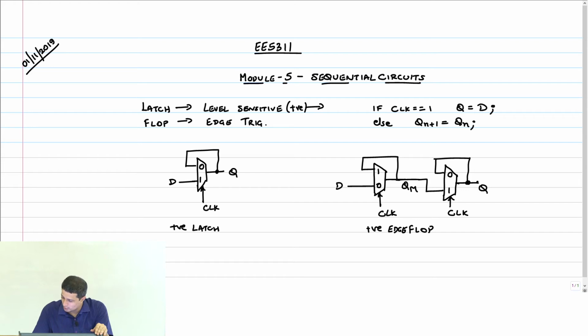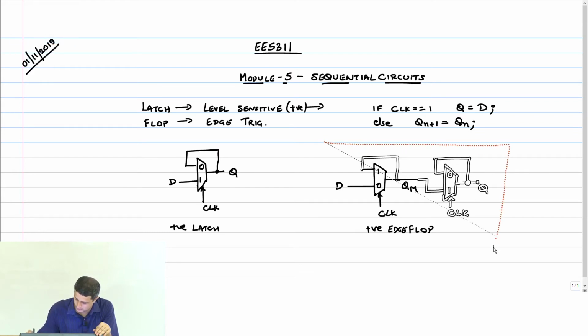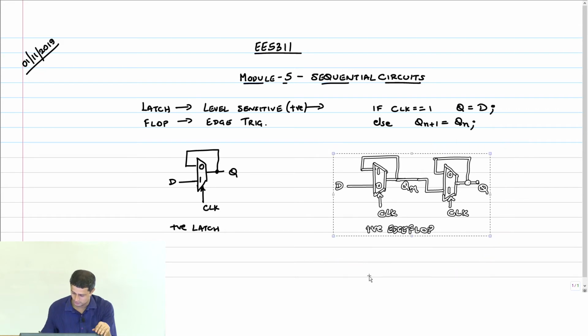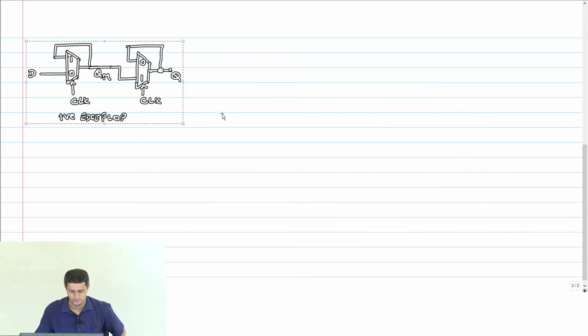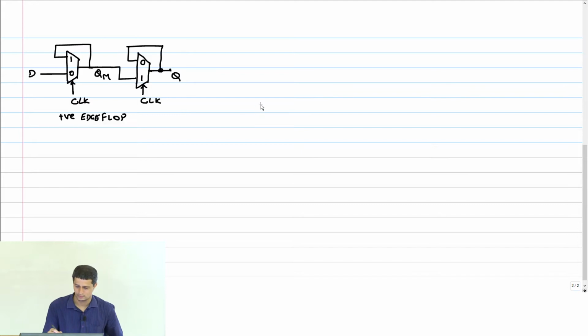So we'll sketch a timing diagram to understand how this actually works, and why we should put a negative latch in the first stage and a positive latch in the second stage.